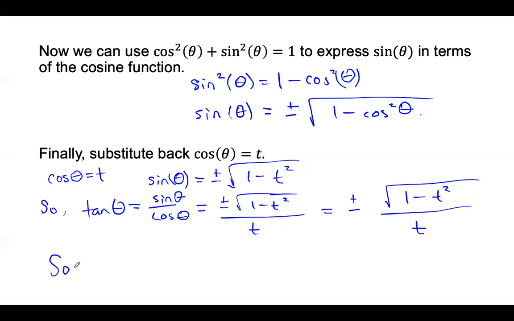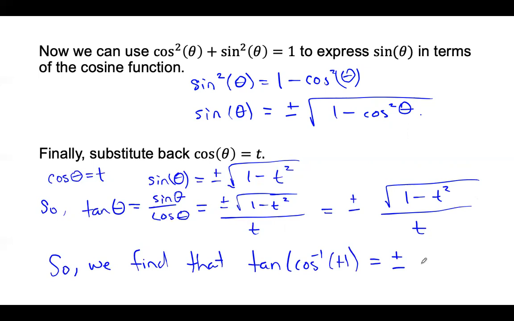So what did we just find? We find that tan of cos inverse of t is equal to plus or minus square root of 1 minus t squared divided by t. Wow.